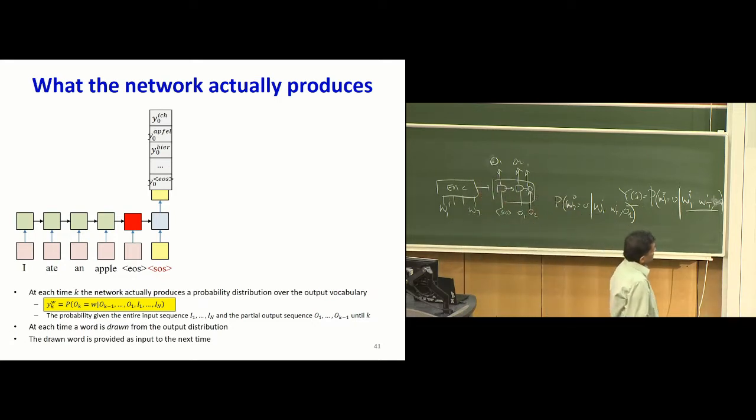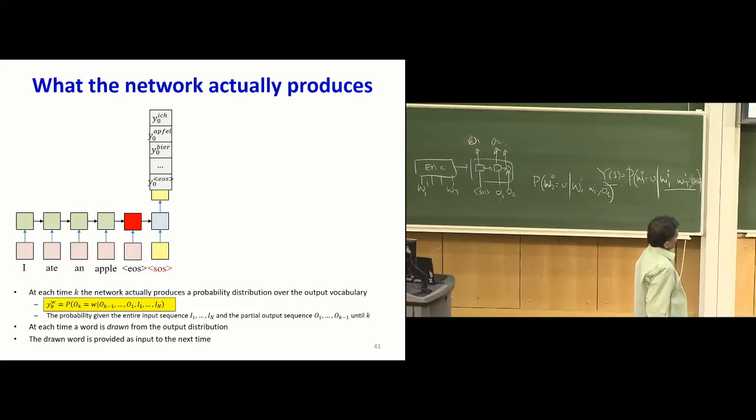So in general, at any time k, this output y, which I'm representing using the standard notation that we've been using in the lectures, is going to be the vector of probabilities for all the words in the vocabulary given all the input words and the output words until the current time.